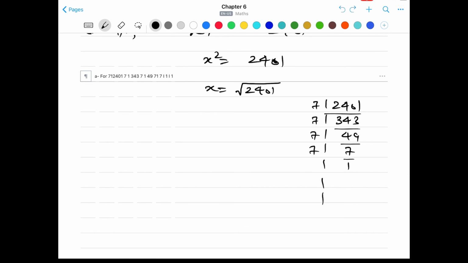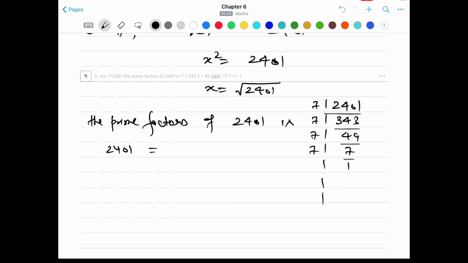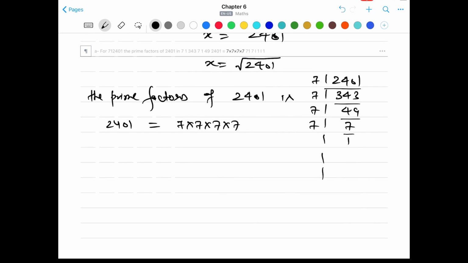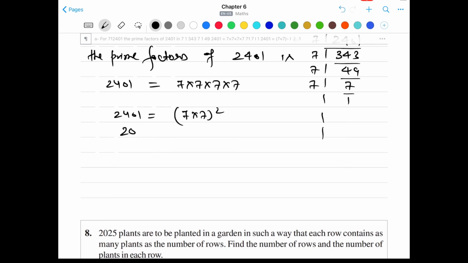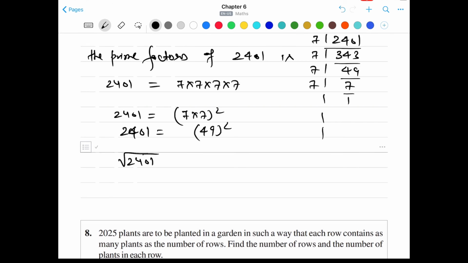So we'll write the prime factors of 2401: 2401 equals 7 into 7 into 7 into 7. That is, 2401 equals 7 into 7 whole square. So 2401 equals 49 whole square, or the square root of 2401 is equal to 49.